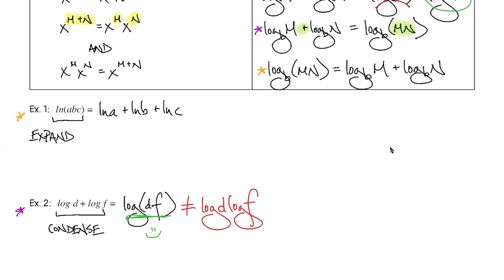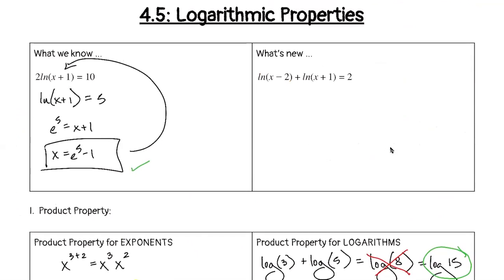Before we actually go much further, let's go back to this what's new piece. How can I apply that product property to condense the left-hand side of the equation?